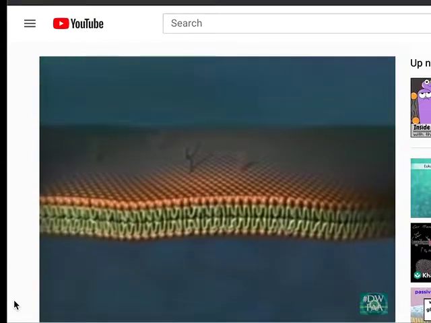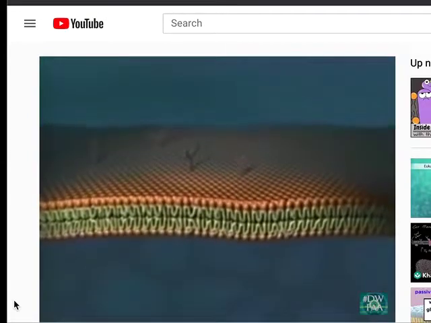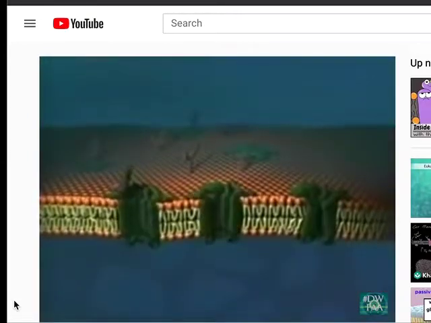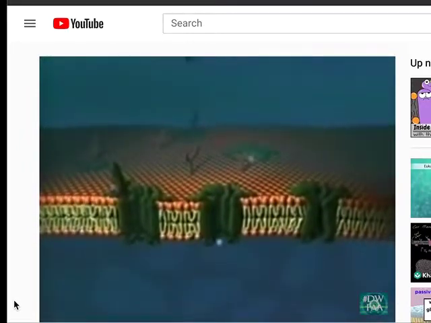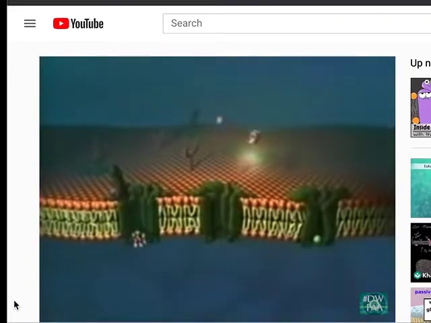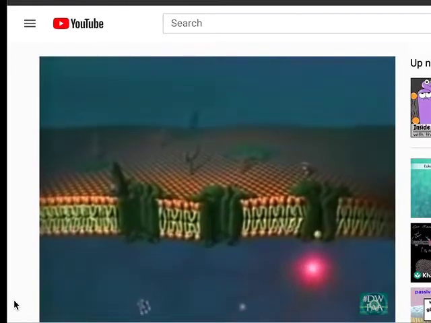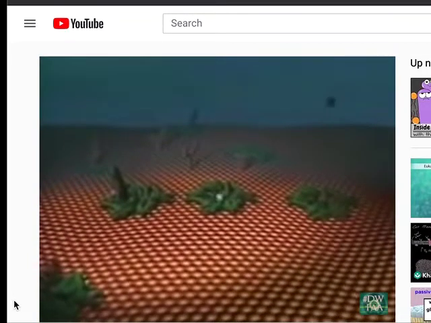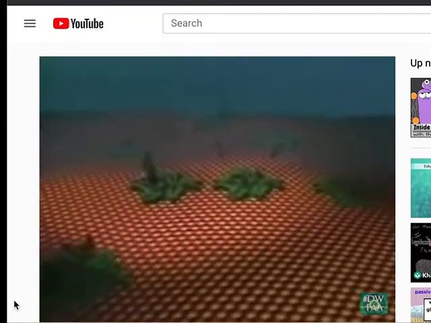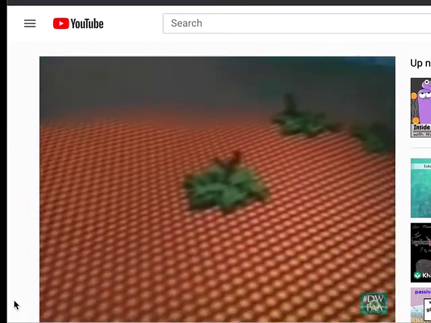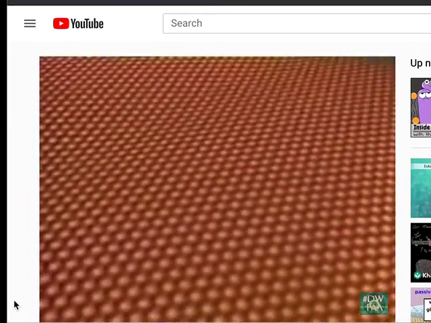Within these lipid molecules, we also find different proteins which do various things for the cell. For instance, they receive signals from the world outside, or they transport nutrients and waste. So nature composes the membrane with a combination or mosaic of different lipids, carbohydrates, and proteins.